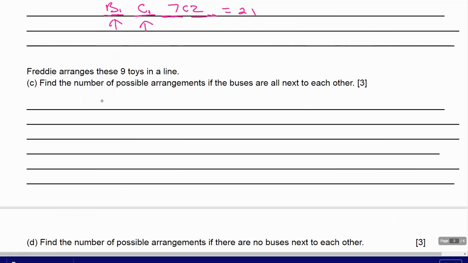Now, what about the C here? It says that Freddie arranges the 9 cars in a line. Find the number of possible arrangements if all the buses are next to each other. All right, so we've got bus, bus, bus, and we've got car, car, car, car, car, car. 1, 2, 3, 4, 5, 6. How do I do this?